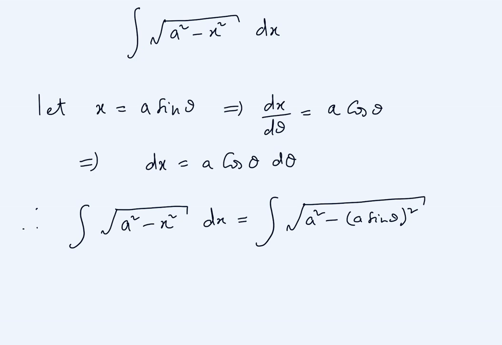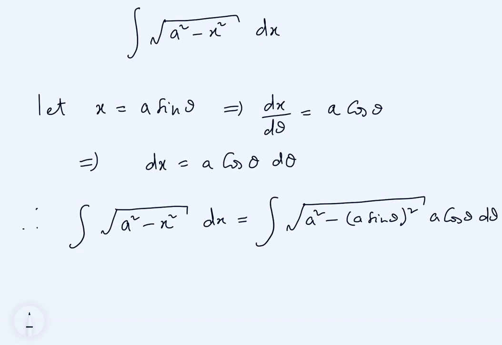So that's what we have now under the square root sign. In place of dx, we put a cos theta d theta. That's what we have now.